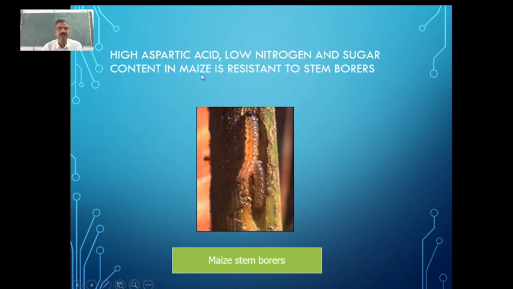And high aspartic acid, low nitrogen and low sugar content in maize is resistant to stem borers. These are all the physiological adaptations you can see here. These are the stem borers.